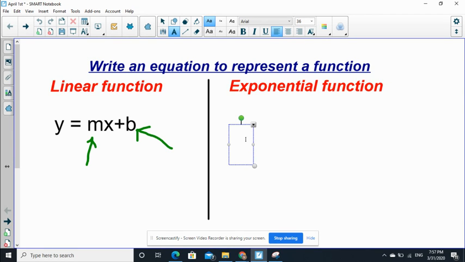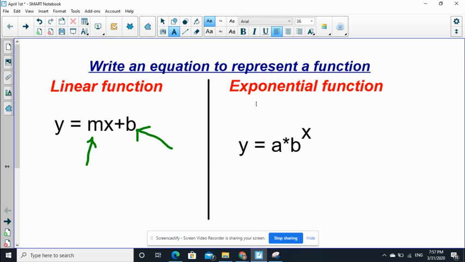The general form for the exponential function is y equals a times b power x. This is power x.